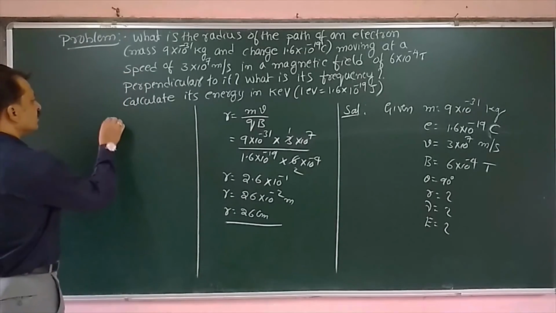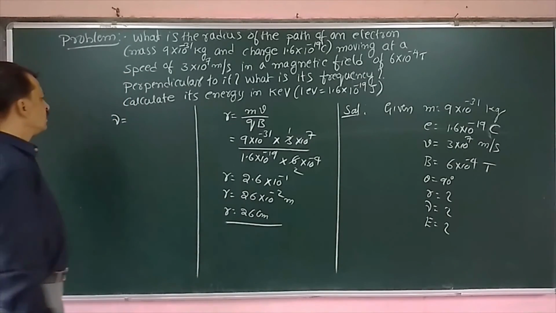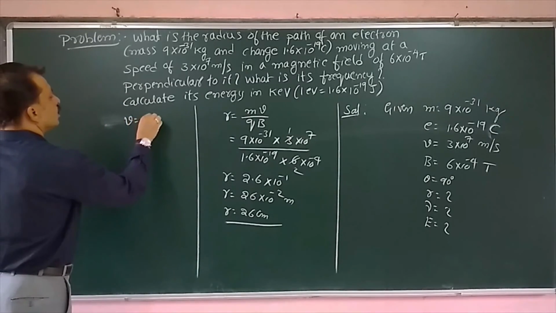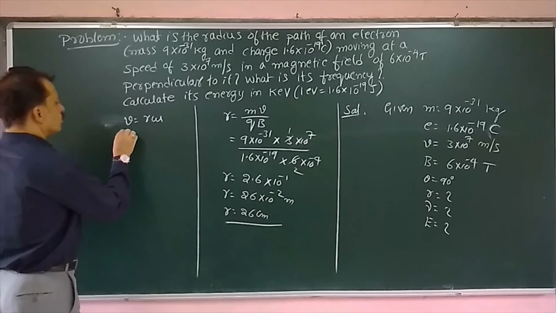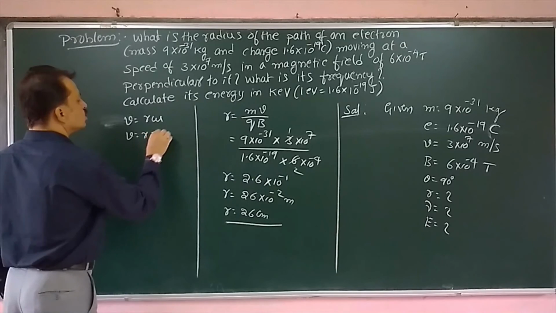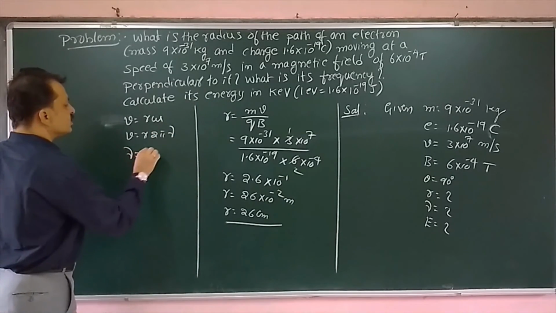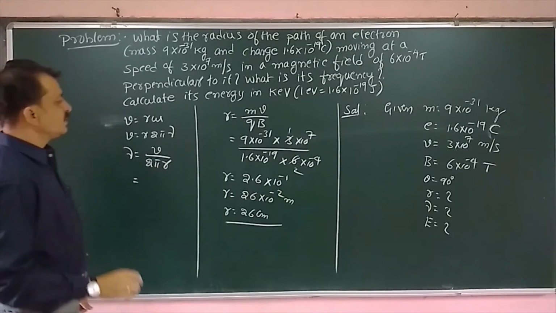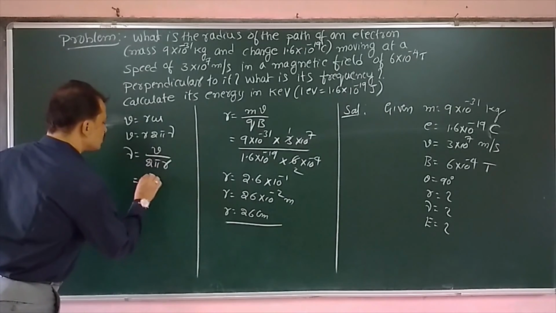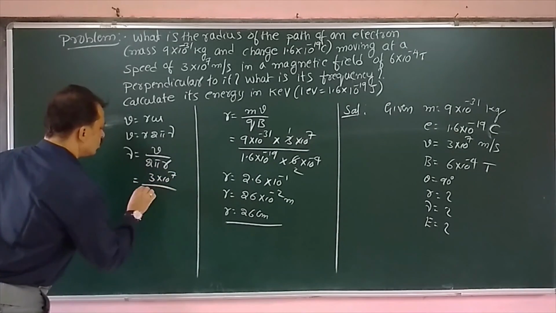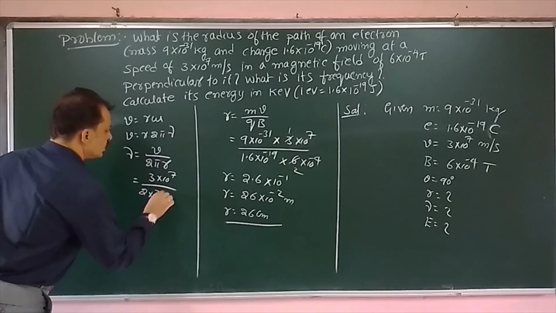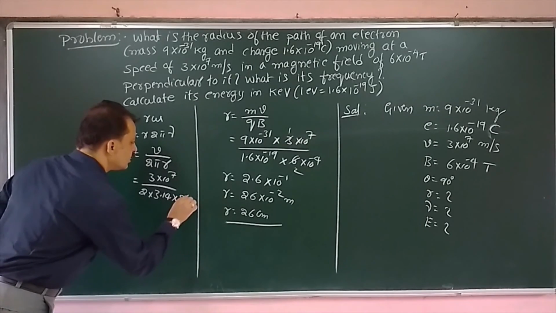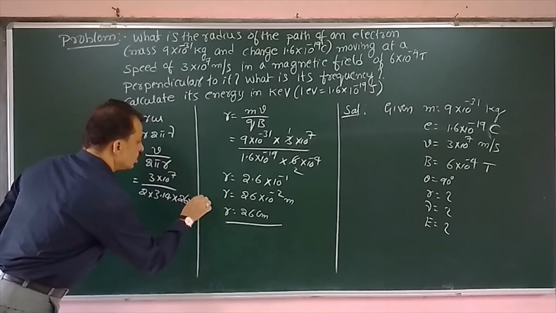Next is frequency. Frequency can be calculated in two ways. By this relation, velocity v is equal to r into omega, and omega is 2 pi nu. Our frequency nu is equal to velocity divided by 2 pi r. Velocity is 3 into 10 to the power of 7 divided by 2 into 3.14 into radius, which we have calculated, in SI unit 26 into 10 to the power of minus 2.